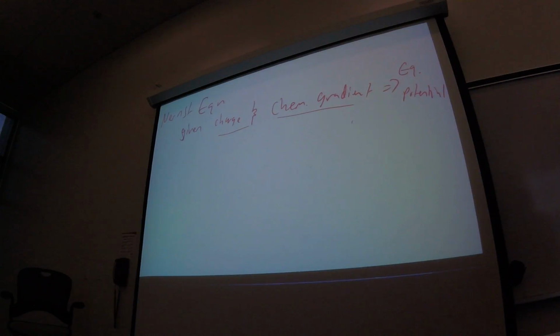So that's what the Nernst equation tells you. The Hodgkin-Goldman-Katz equation basically tells you the same stuff. Given charge, given chemical gradient, and this is important, the permeability, it will tell you the actual potential.